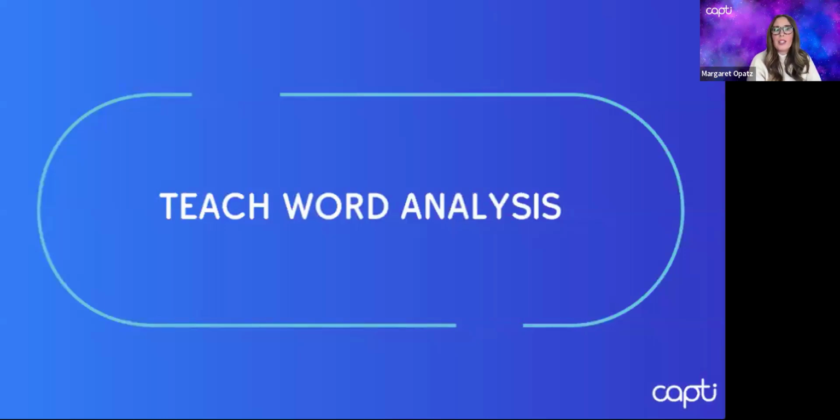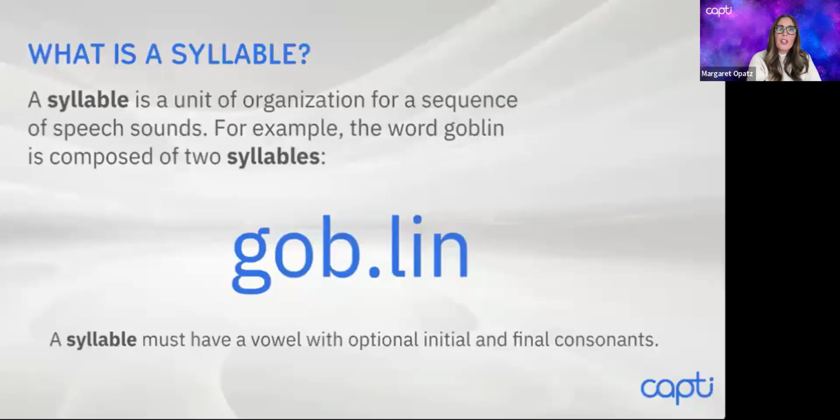And when I say teach word analysis, what that really is a component of is teaching the metalinguistic awareness, where you're helping them recognize how language works. So what we would first do in this path of teaching word analysis is make sure that students know what a syllable is.